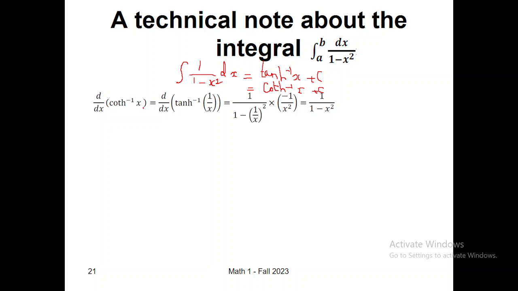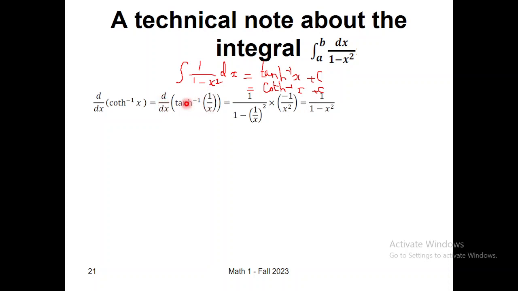The derivative of cotangent inverse. As we described when talking about the inverse hyperbolic function, we notice this important relation that cotangent inverse x equals tangent inverse 1 over x. So if you want to find the derivative of cotangent inverse x, it will be the same as the derivative of tangent inverse 1 over x.